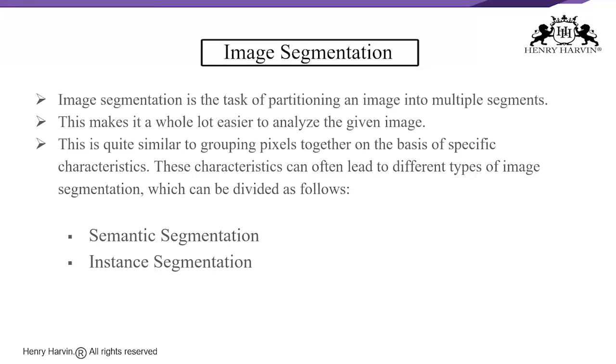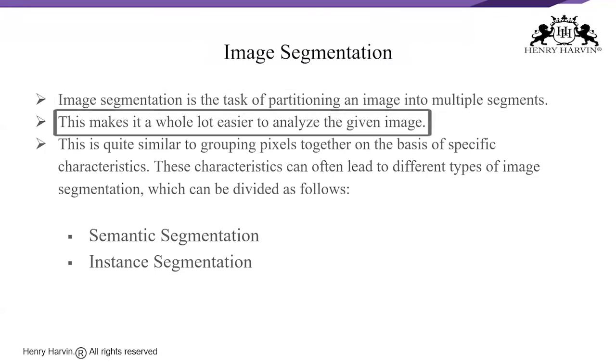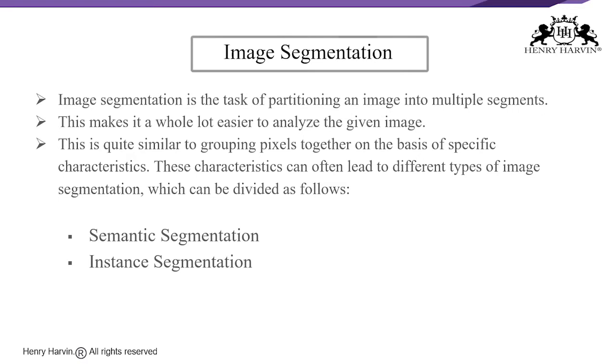So now let us try to understand what image segmentation is. Image segmentation is the task of partitioning an image into multiple segments. This makes it a whole lot easier to analyze the given image. So how can I understand this better?